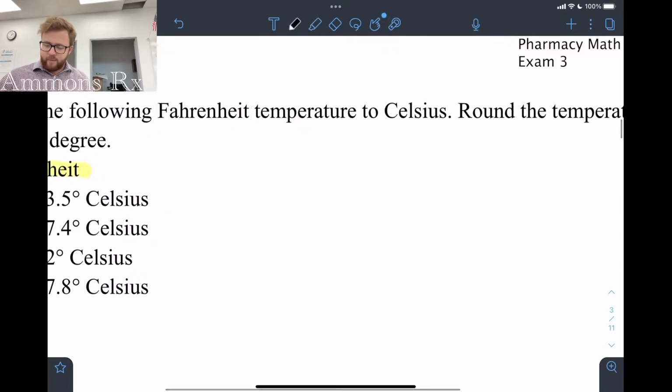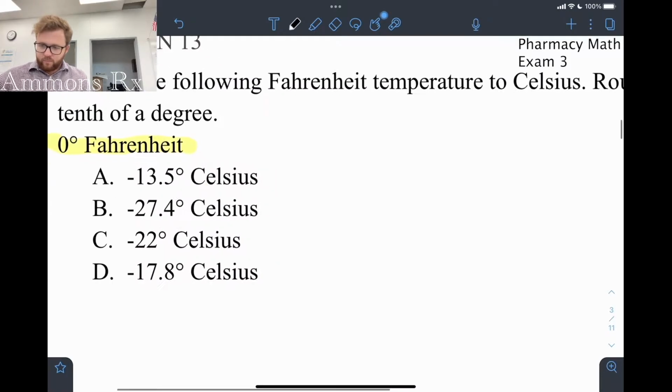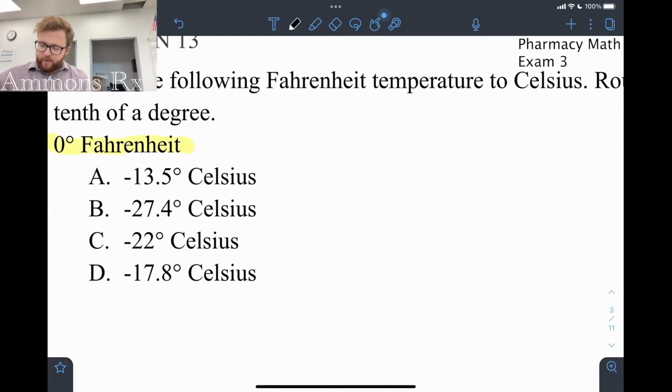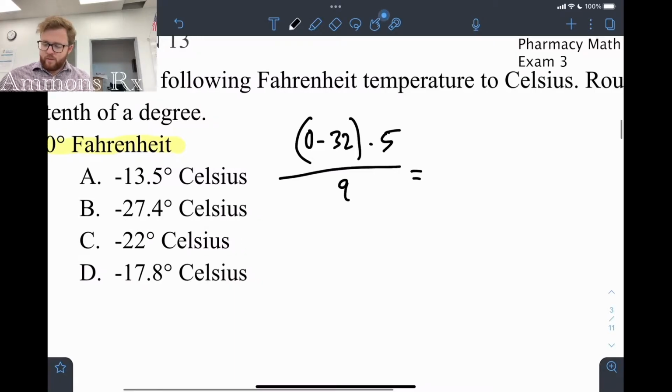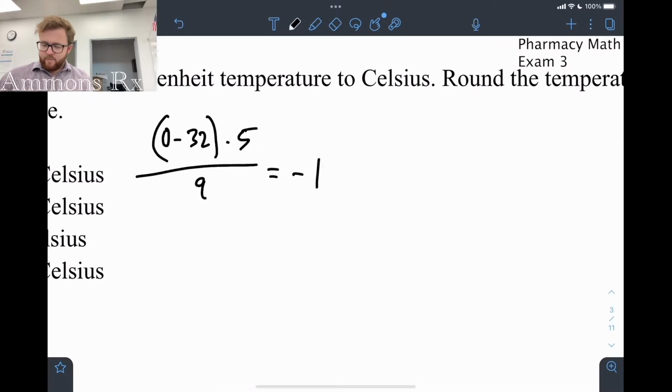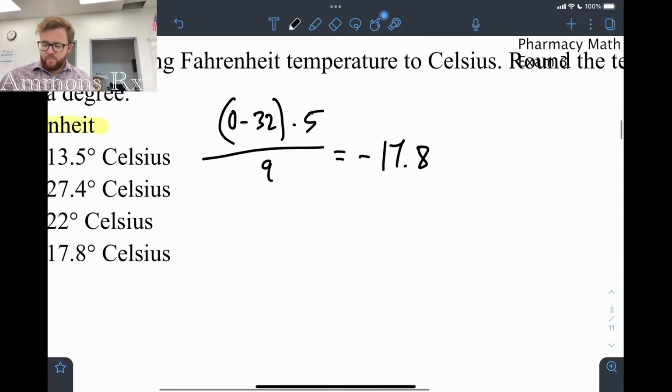So we actually have to do some math. So that's going to be our 0 minus 32 times 5 divided by 9. And that's going to be negative 17.8.